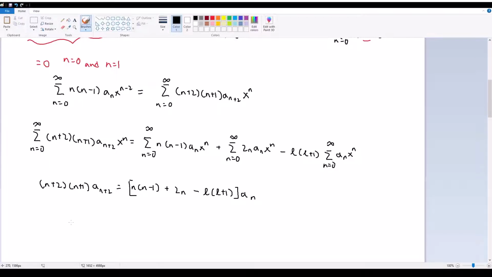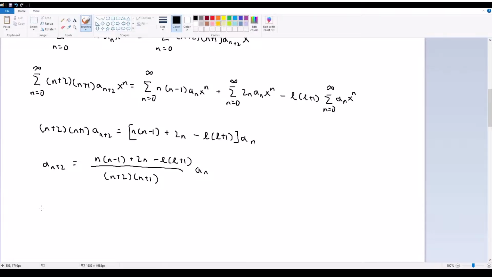Move it around, and I get now that a_{n+2} is equal to n(n-1) plus 2n minus l(l+1), divided by (n+2)(n+1), and then multiplied by a_n at the front. And this is my new recursive relation.